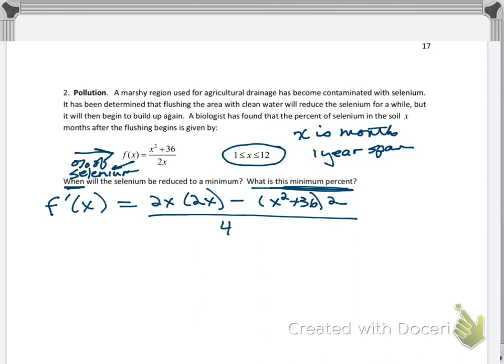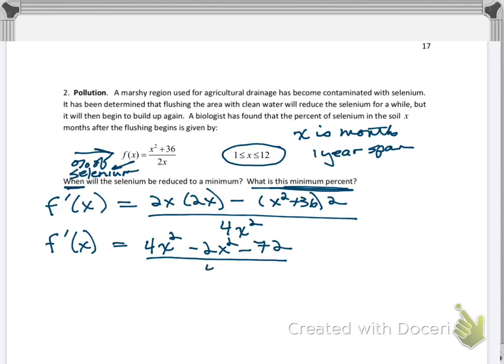Low squared is 4x squared, so be careful with that. It's easy to make a mistake. So I'm going to start simplifying this. When I do that, I'm going to get 4x squared minus 2x squared minus 72, all over 4x squared.